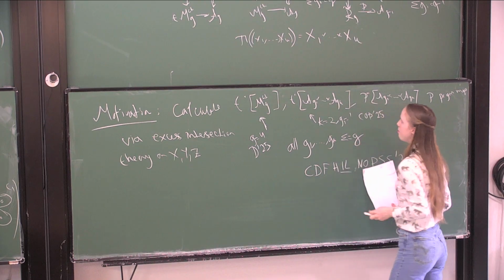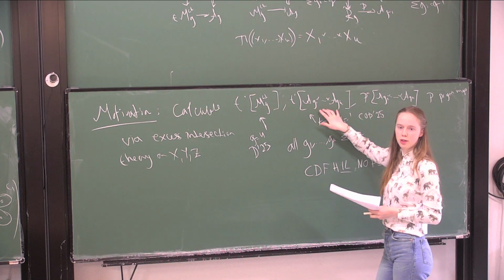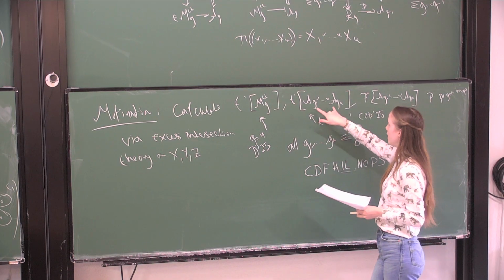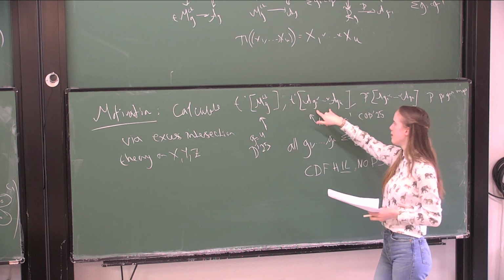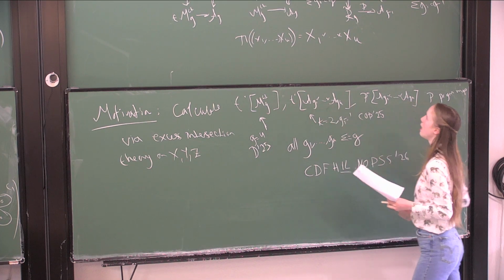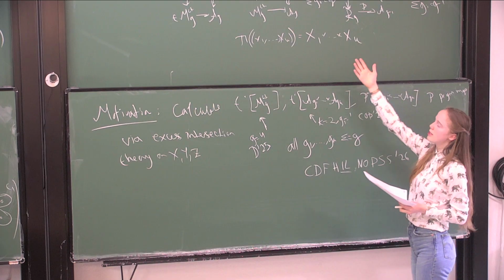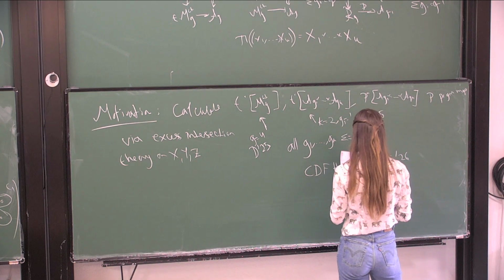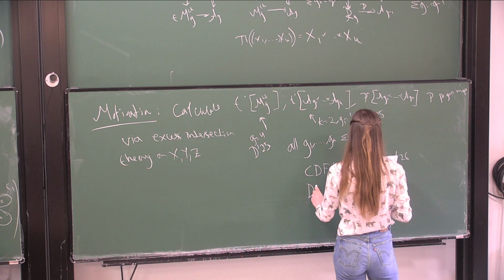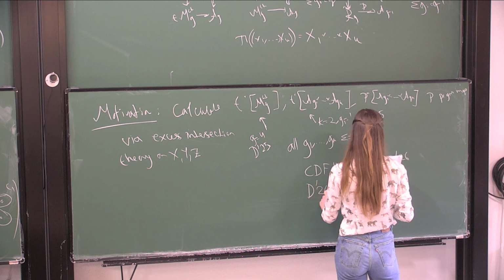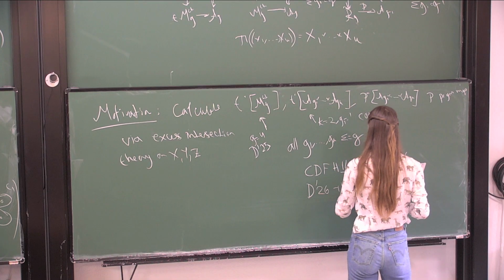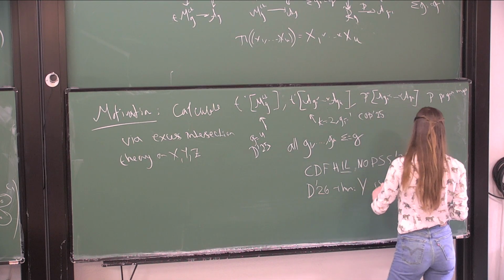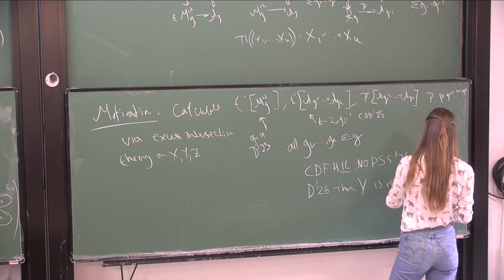And in this paper we use two different methods to compute this class, and the method that involves the Fulton excess intersection theory relies on knowing the precise scheme structure of Y, and this is something I proved in a separate paper in '26, that this fiber product Y is reduced.